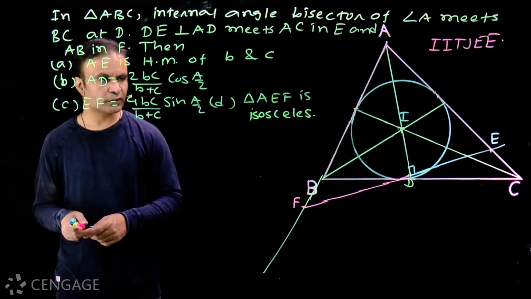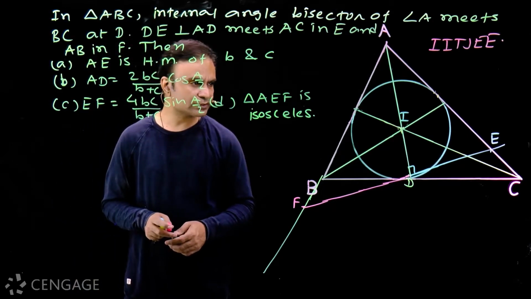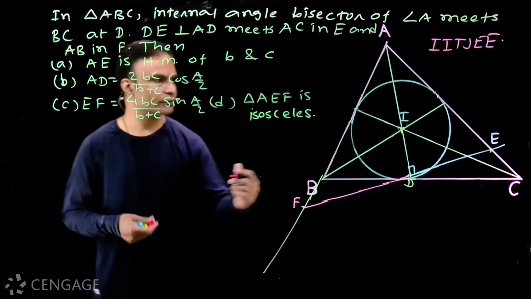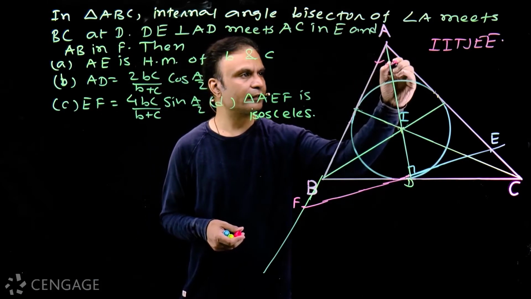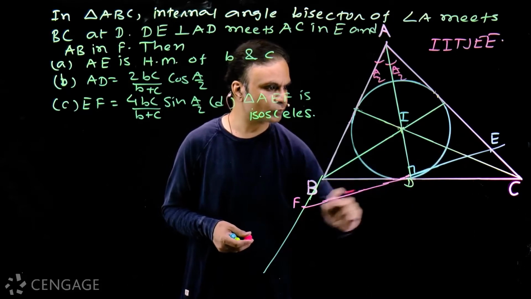Now here we first focus on option D. Option D is triangle AEF is isosceles, which is absolutely true because here AD is the internal angle bisector, and AD is perpendicular to EF.